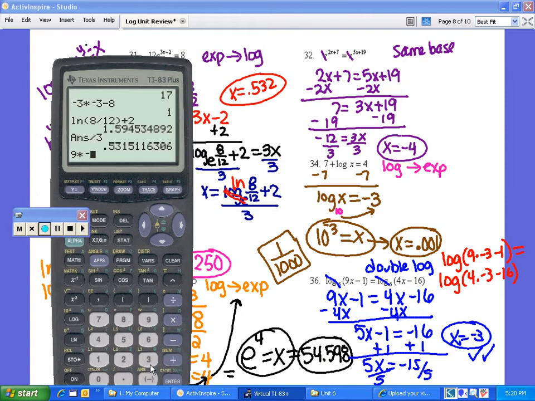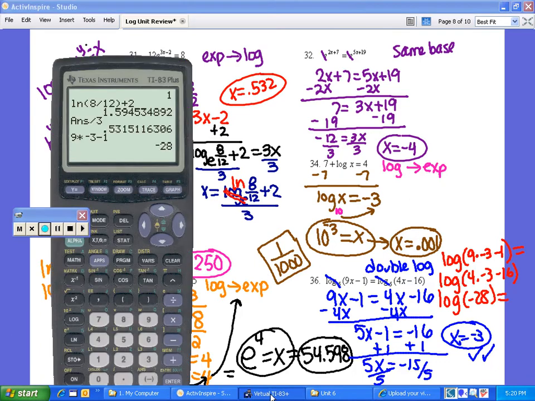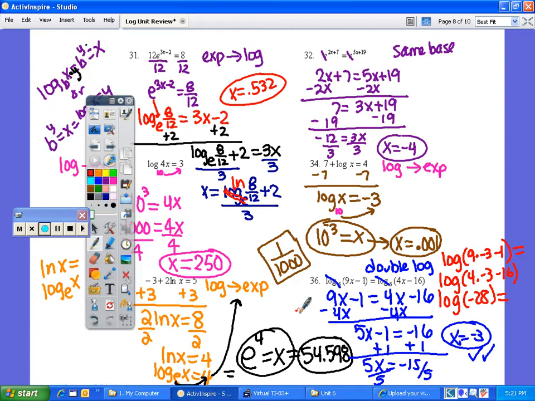So 9 times negative 3 minus 1 is negative 28. Uh-oh. And then we do 4 times negative 3 minus 16. Uh-oh. Another negative.